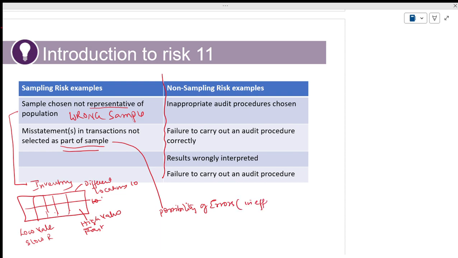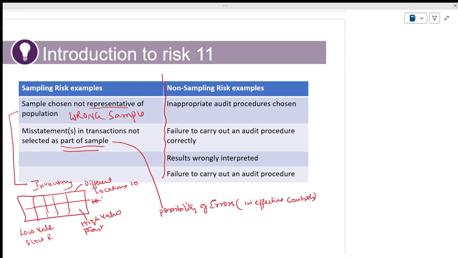Because of ineffective controls. We have to be very specific. We did not select them as part of the sample. We are ignoring that. It happens when we are talking about inventory.